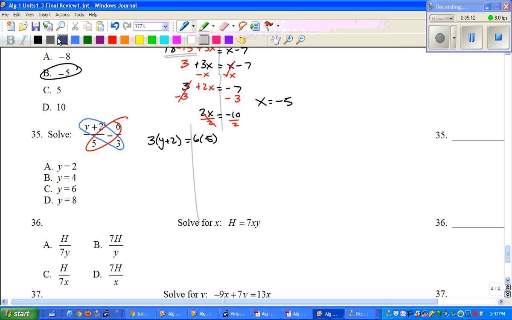Okay, so distribute, you get 3y plus 6 equals 30. And now we just go through and solve. So subtract the 6 from both sides. 3y equals 24. Divide both sides by 3, and what do you get? Hopefully you're saying 8.